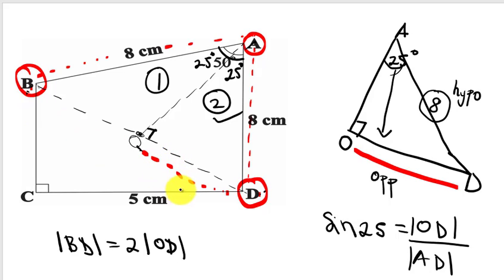That is how come. So the magnitude of BD is equal to 2 times the magnitude of OD.